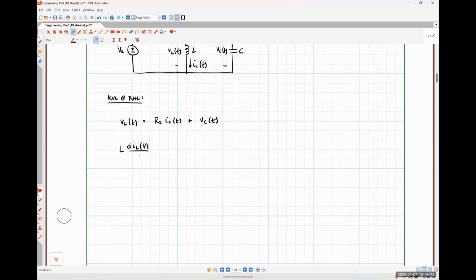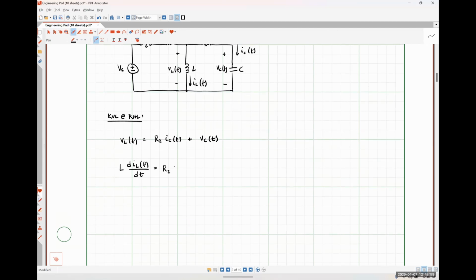dIL by dt is equal to R2, let's see, capacitor current is C dV by dt. So R2 times C times the derivative of my capacitor voltage with respect to time plus my capacitor voltage, like so.